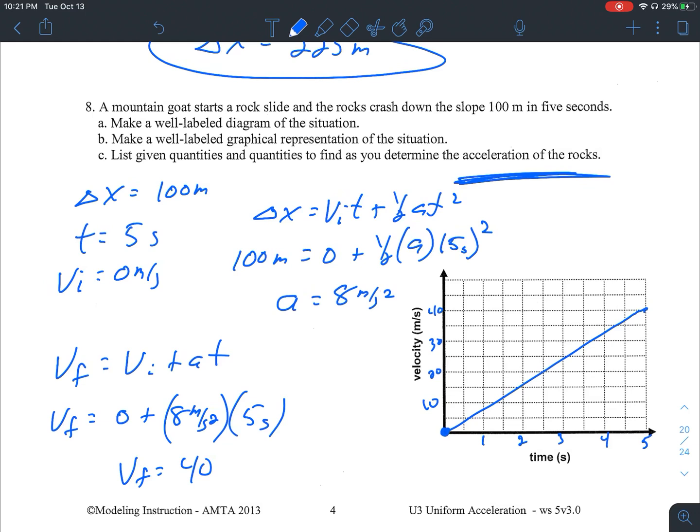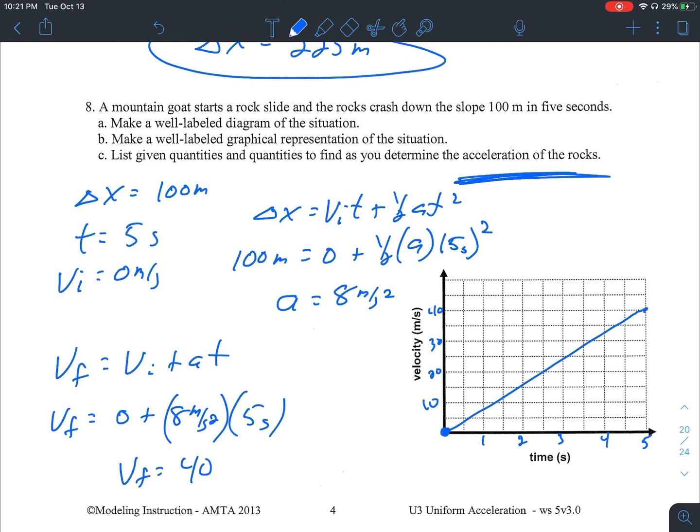So hopefully you've seen different methods to calculate the variables that we're asked to, whether it's from a graph, from algebra, or a combination of both. And these are just different tools that we're going to use. Just be sure that if you are using a graph to solve something, that you're making a statement of what you're doing.